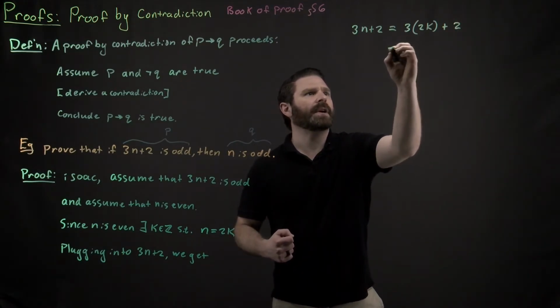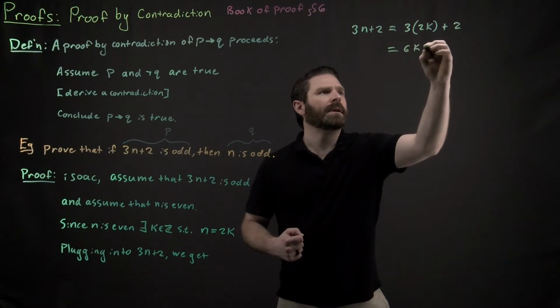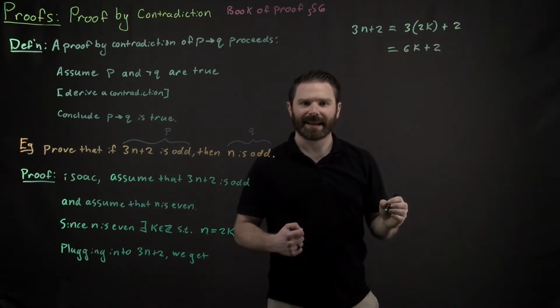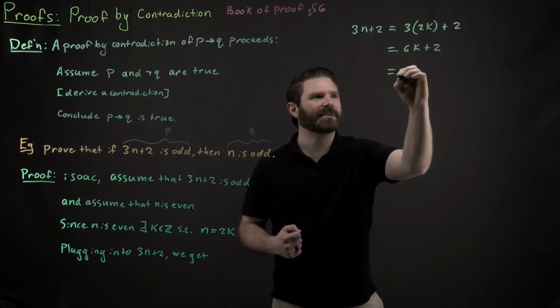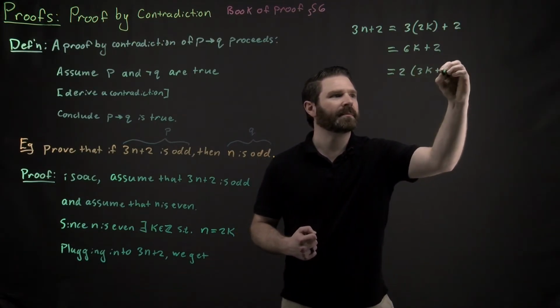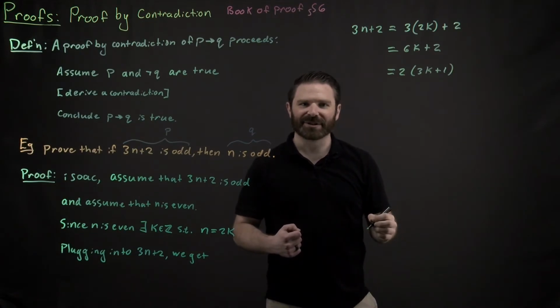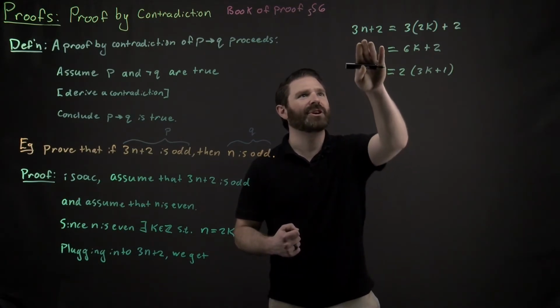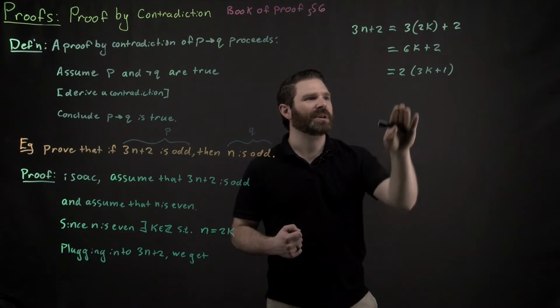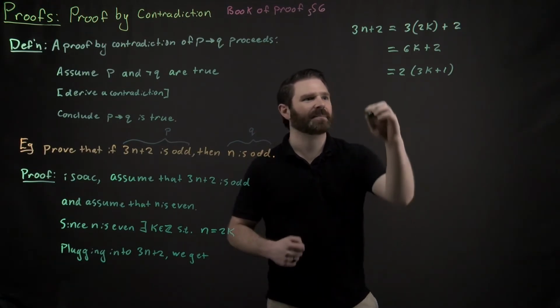And then if I simplify this out, I get 6k plus 2. I could factor out a 2, and so I have showed that 3n plus 2 is actually even.